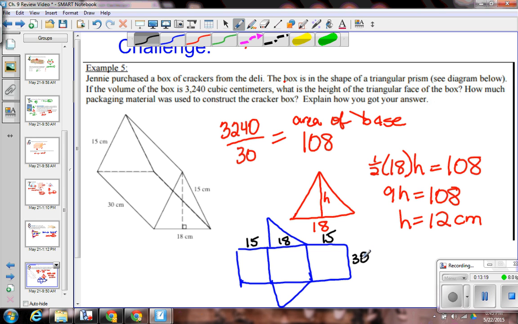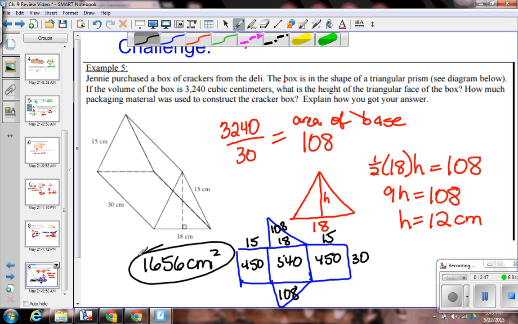So our three rectangles are 450 and 540, and we have another 450. And then we already knew that the area of each of our bases was 108. So when we add up the 5 faces of this triangular prism, we get 1,656 centimeters squared. Woo, that was a lot of work.